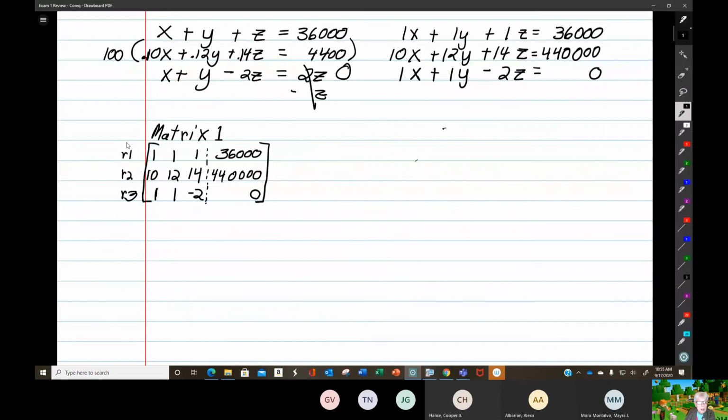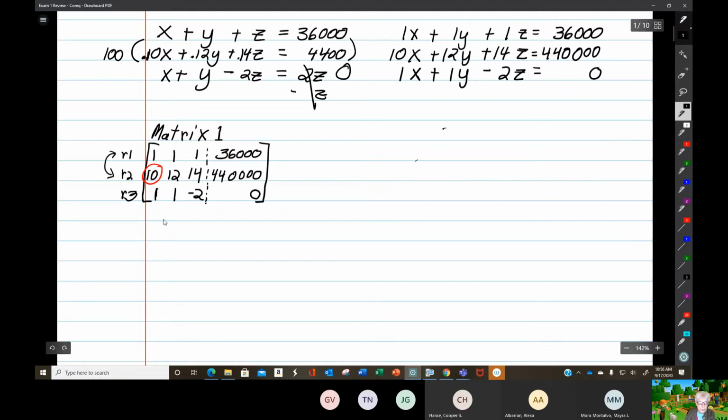Okay, fine. Initially, almost always, like 99% of the time, you are going to use row 1 and row 2 together, and you're going to find a way to zero out that location right there.